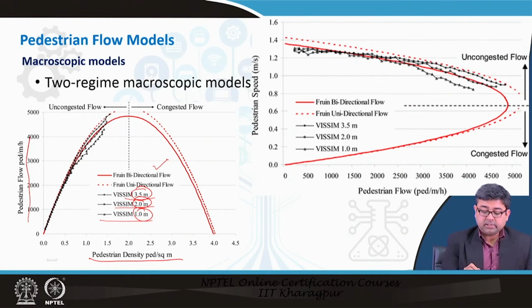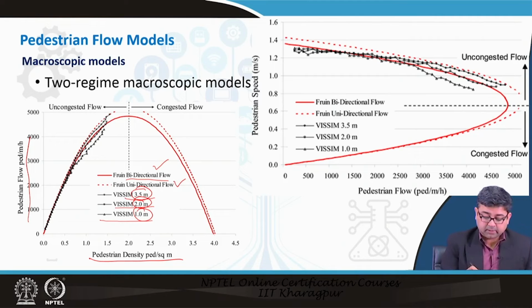Fruin was the initial researcher who developed this model back in the 1970s, and when he developed it for bidirectional flow, the red line, he made no distinction between congested and uncongested flow. He said that this one model fits the behavior of all the pedestrians, be it on an empty sidewalk or a congested sidewalk.